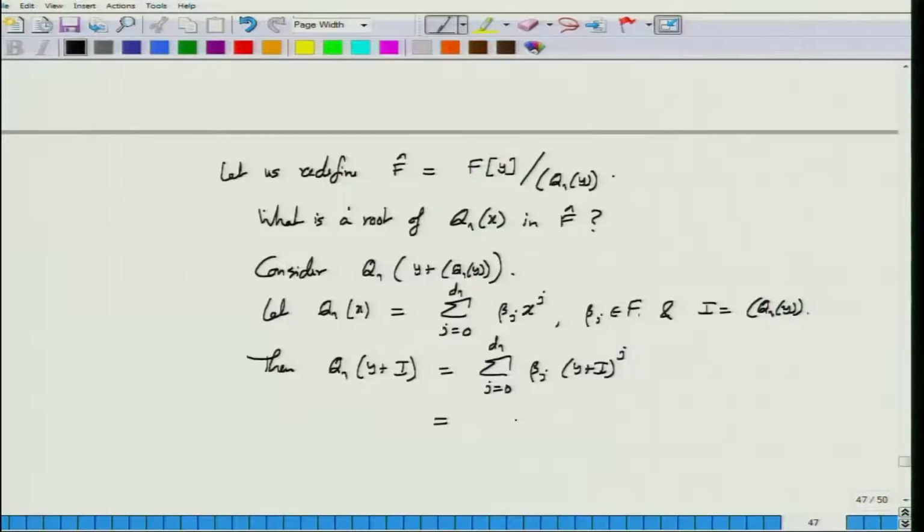So this is an element in field F hat. Which element is this? Let's carry out this arithmetic. This is the field, and we know exactly how to do arithmetic in quotient rings. Multiplication would mean (y plus I) raised to the j is the same as y to the j plus I. Correct?